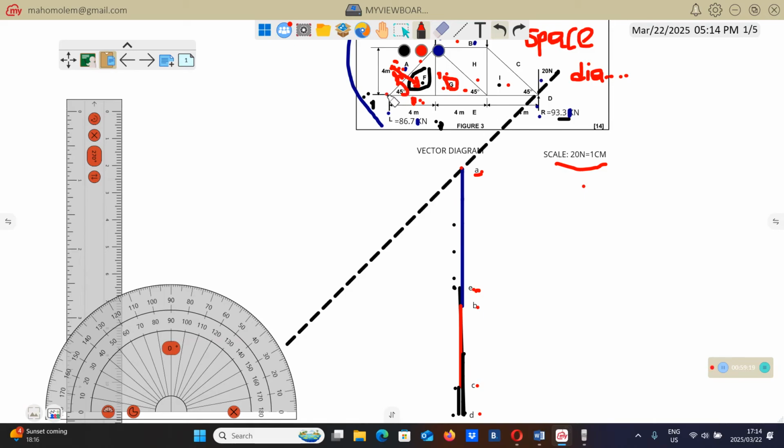Remember, this is your dot or your joint. I'm doing this because some of you will be confused. Or this 45, must we measure it from this side or from this side? We are going to measure it from this side, because as you can see, this 45 is measured on the right hand side of this joint, of this dot here.